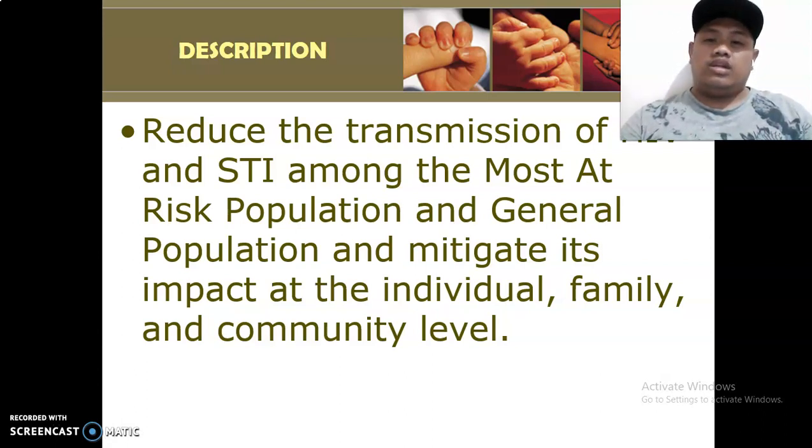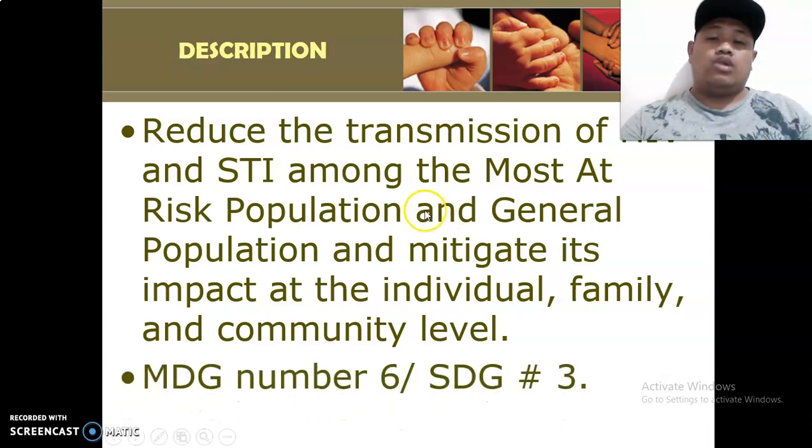This is basically to address Millennium Development Goal number 6, which is to combat HIV, AIDS, and other communicable diseases. In the new development goals, this is still included as one of the indicators of Sustainable Development Goal number 3, which is specific for health.